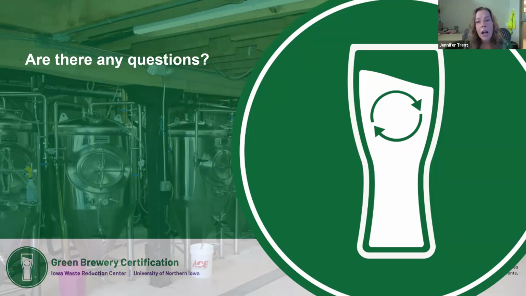We also had another brewery that was using a very, very old refrigerator that had a retro vibe to it that they didn't want to get rid of because it matched their decor. So we came back to the office and looked for someone who could retrofit that refrigerator for them and sent them that contact information.